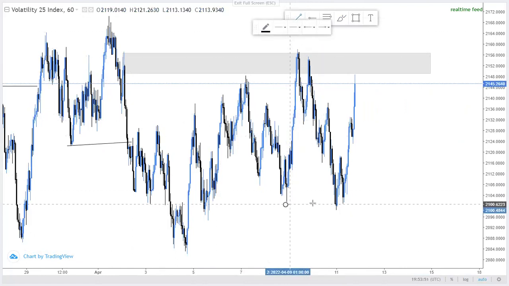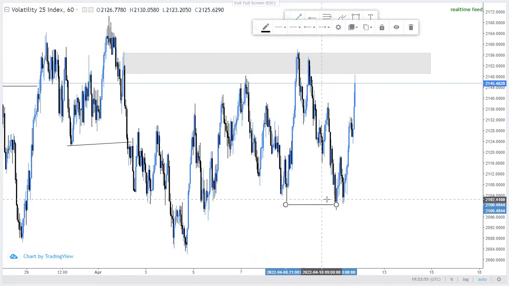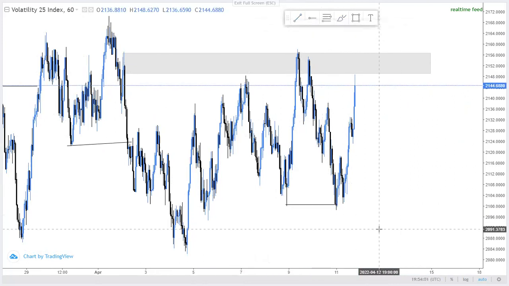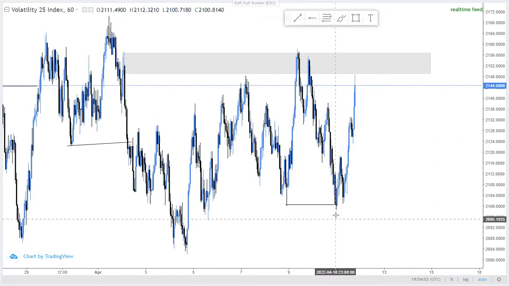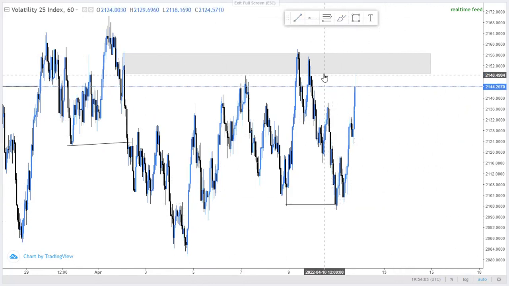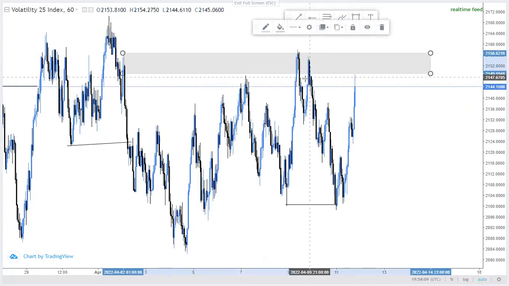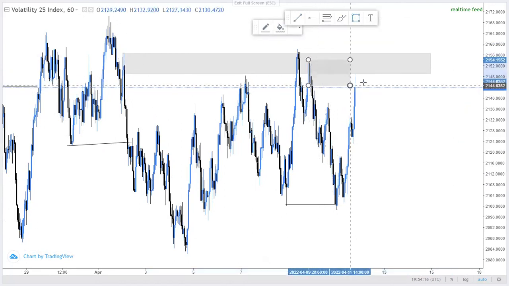Breaking structure just means anything below the low, whether it's a tip, a wick, or a peep below this low, it's our break of structure. So when we have a break of structure, we're supposed to get entries in order blocks just here.